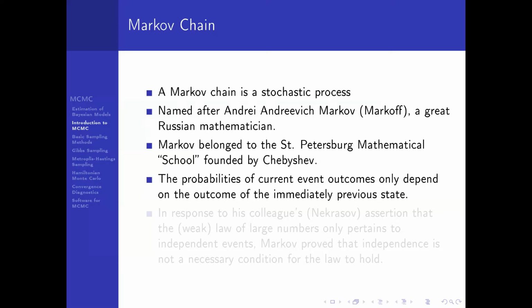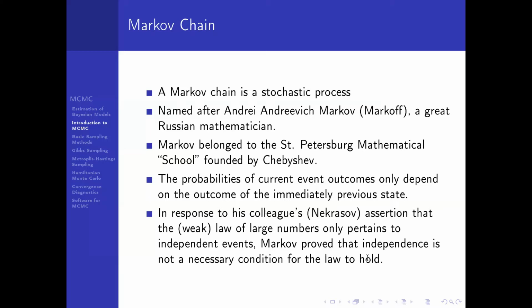So the probabilities of current event outcomes only depend on the outcome of the immediately previous state. And also, in response to his colleagues, here is Nekrasov's assertion that the weak law of large numbers only pertains to independent events. Markov proved that independence is not a necessary condition for the law, in this case, Markov chain, right?